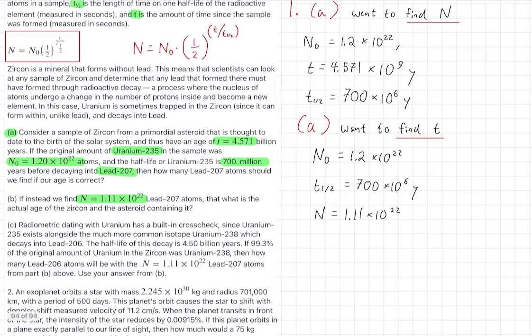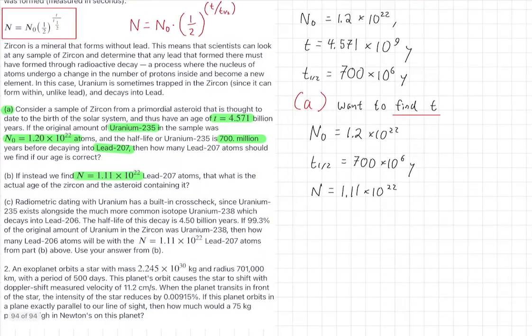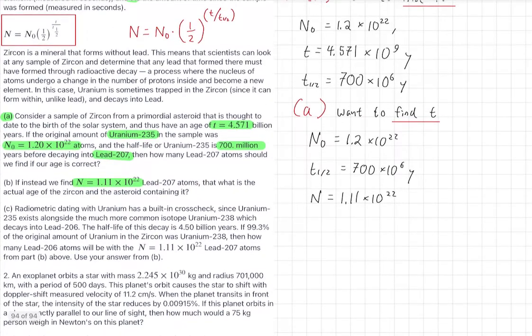Well, if you think about it, you have to basically solve for t. So what you need to do is undo the fact that you have a 1/2, which means you need to take a log base 1/2. So you need to do a particular base logarithm in order to undo it.